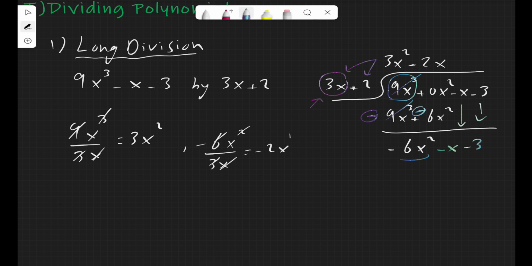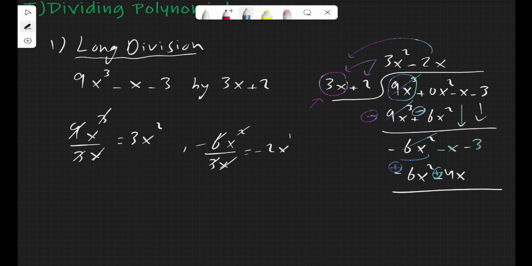And also multiply by everyone. So it's going to be negative 6x^2, negative 2 times 2, negative 4x. The same thing, change the signs. It becomes positive, it becomes positive.